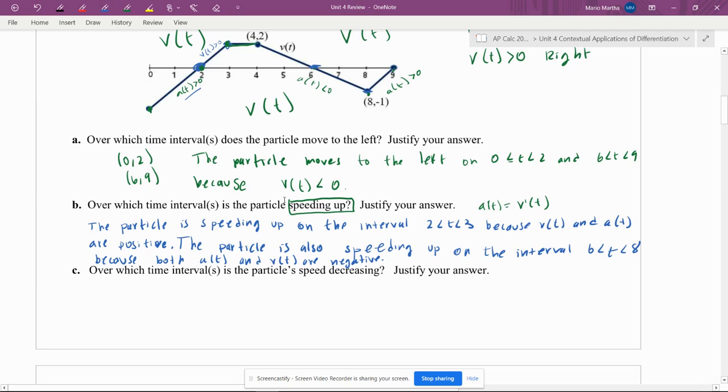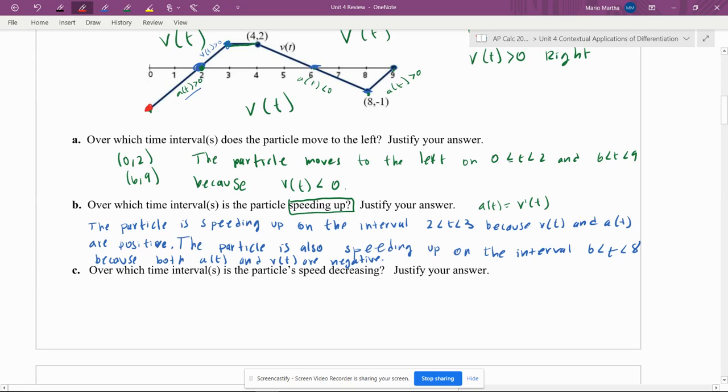And then it says over which time intervals is the particle speed decreasing. So here now we're looking at when both have opposite signs, right? So for sure that would be pretty much anywhere else where we didn't see it speeding up.